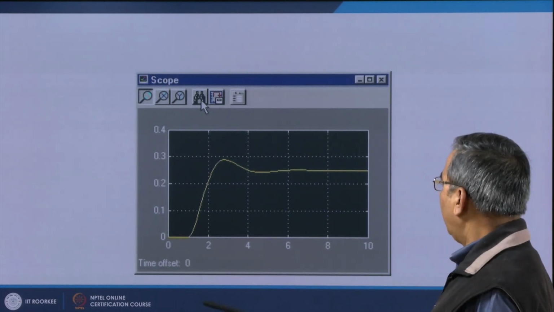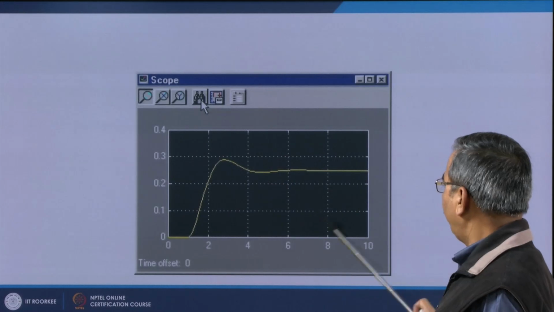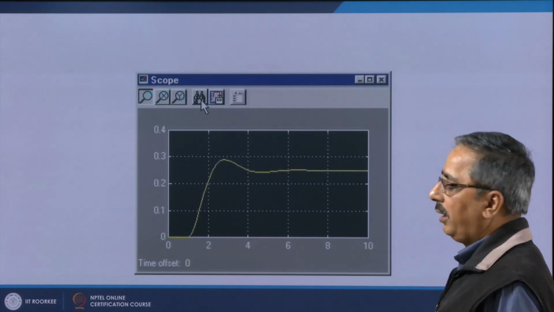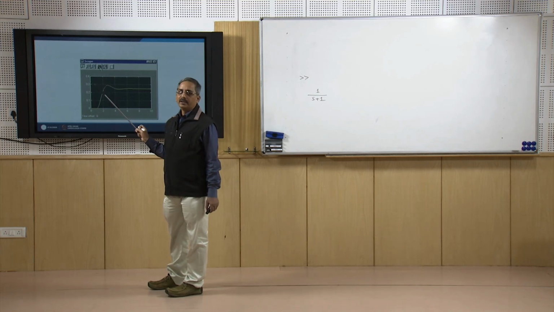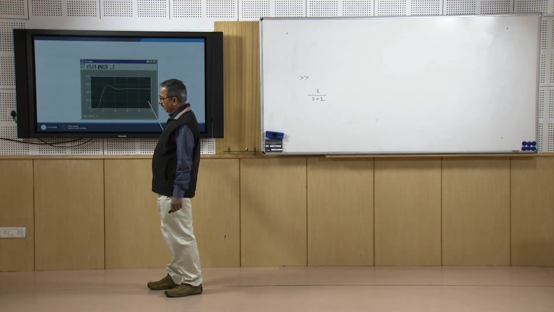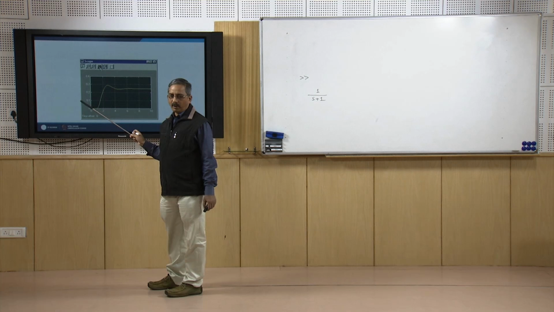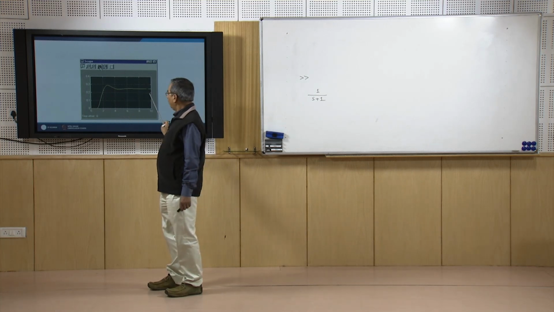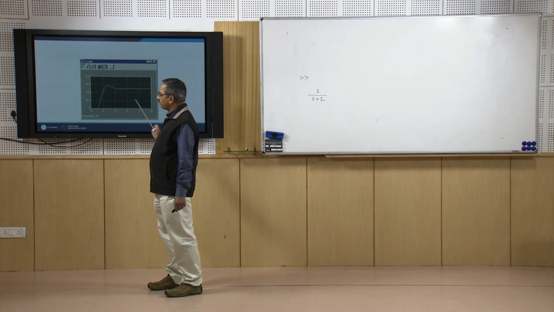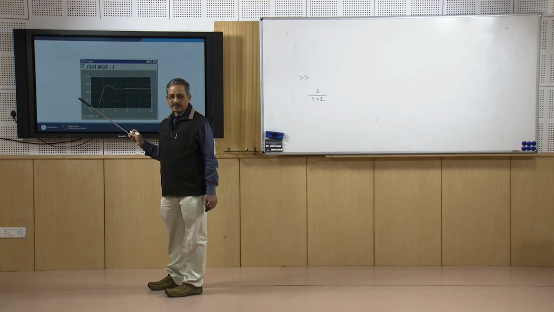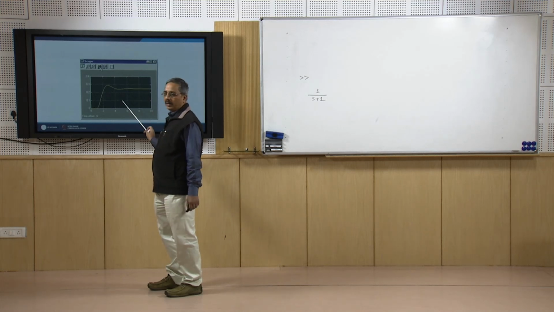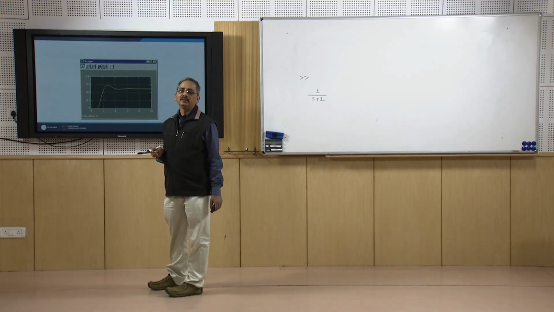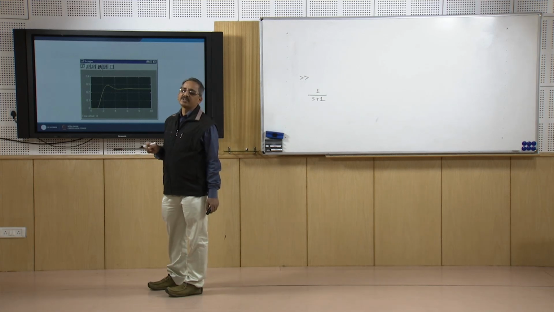So, this is how one can do the simulation using Simulink. As I said, it is a block diagram type of approach: first you create the model of the system, and once you have created the model, you can simulate that model after specifying the input and the system parameters.